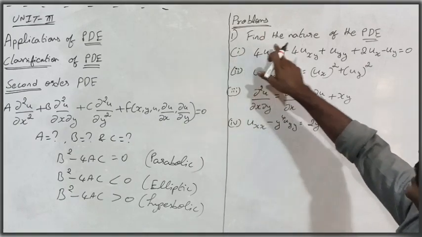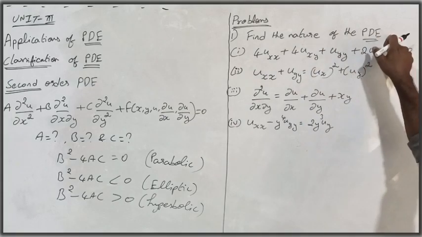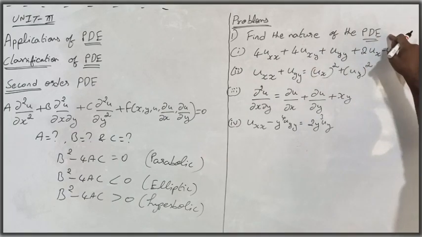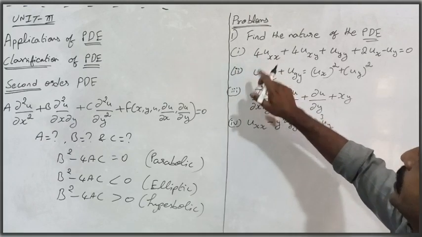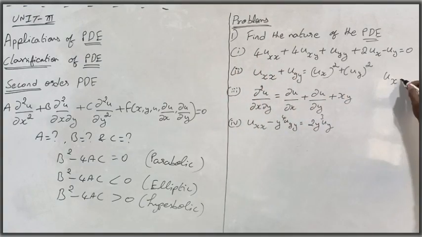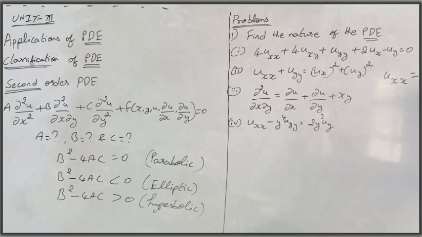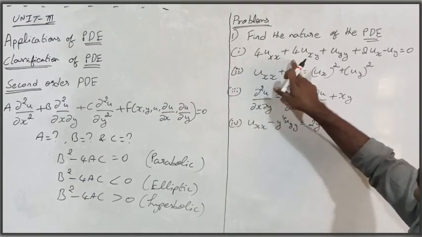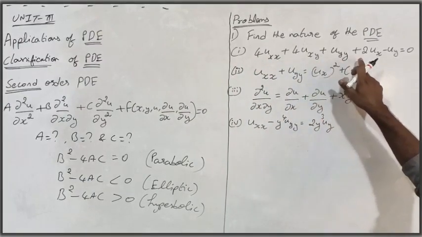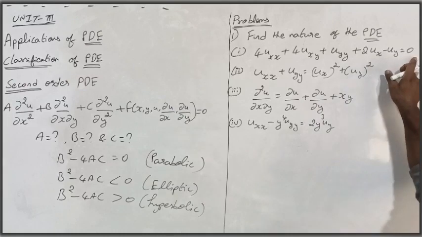The first problem is to find the nature of the partial differential equation. I have written PDE instead of partial differential equation. The first problem is 4uxx plus 4uxy plus uyy plus 2ux minus uy is equal to 0.